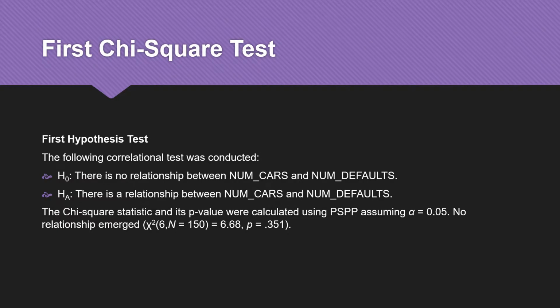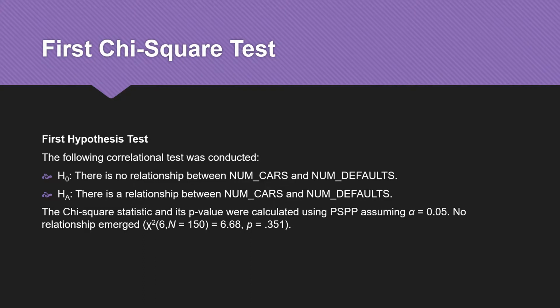So let's look at our first test. This test was a relationship test between num_cars and num_defaults. In this case, we were looking at the relationship between the number of car loans that someone has and the number of defaulted loans that person has had.